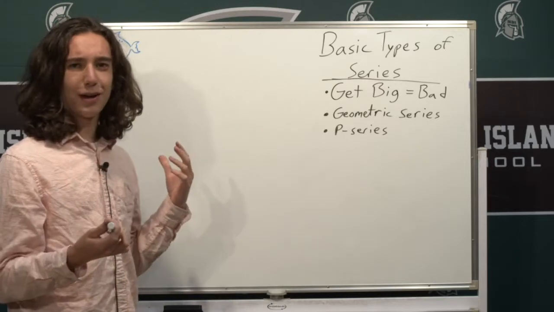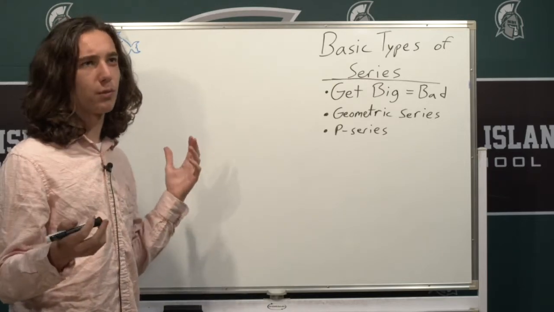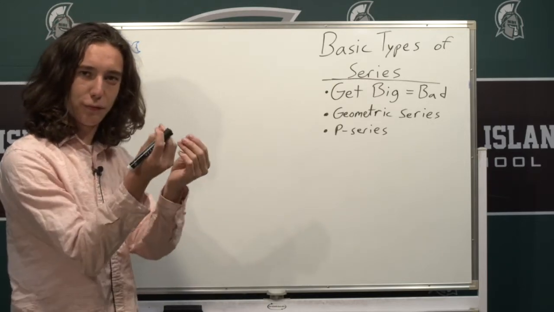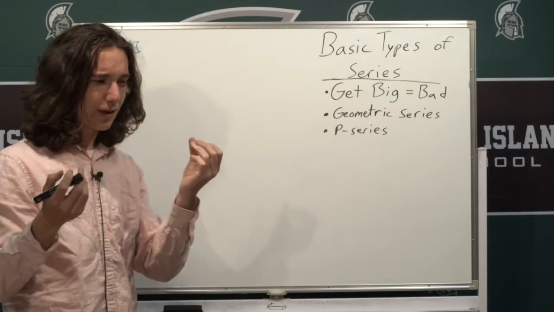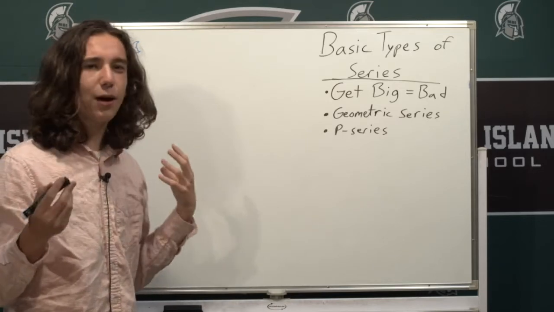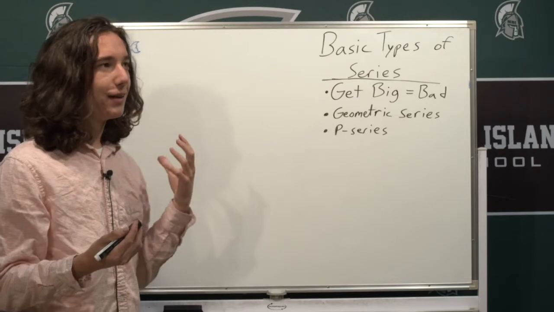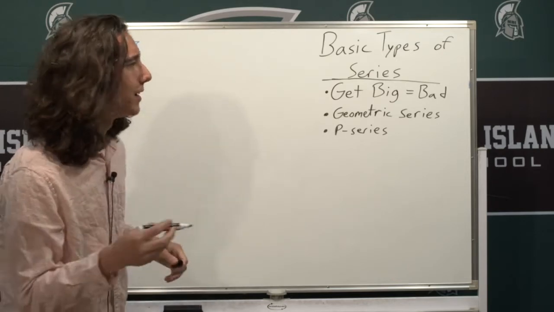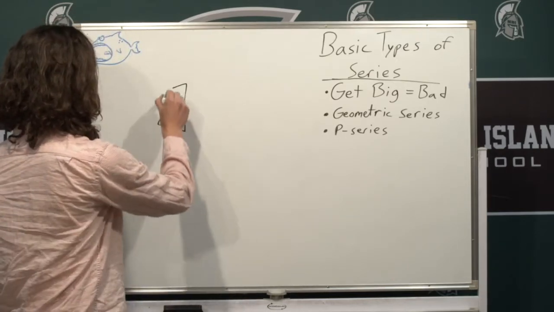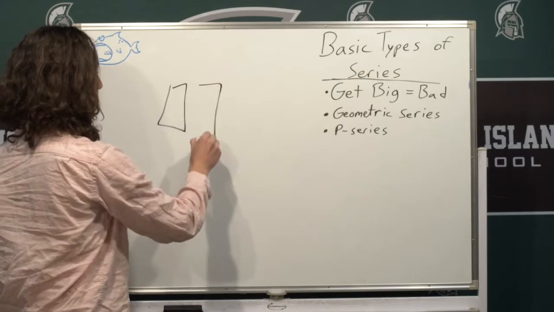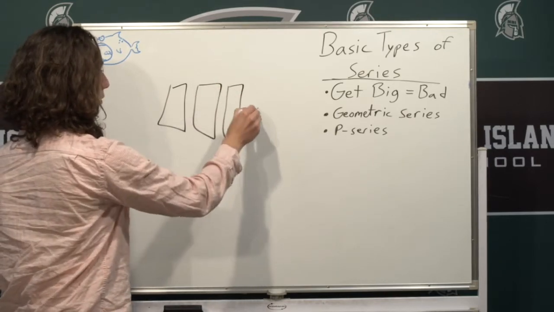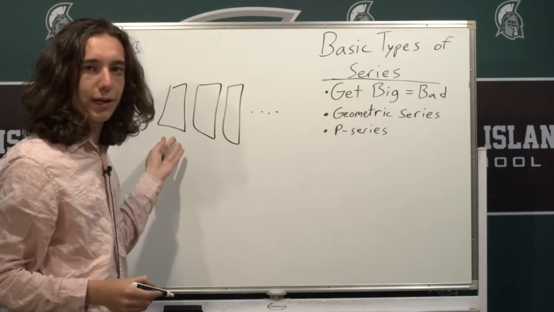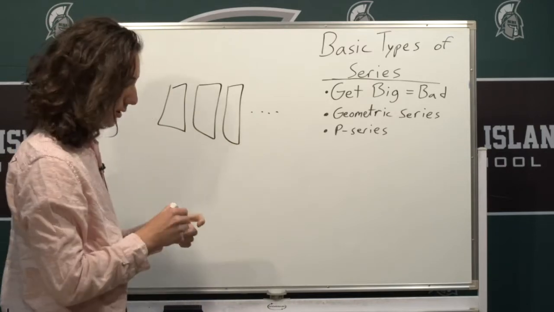When you think about how an infinite list of numbers can come to a finite sum, how can that happen? The only way that can happen is if our numbers, which I'm going to represent by these boxes, if we're just adding up a bunch of boxes that go on for infinity, we're going to get a really, really big box.